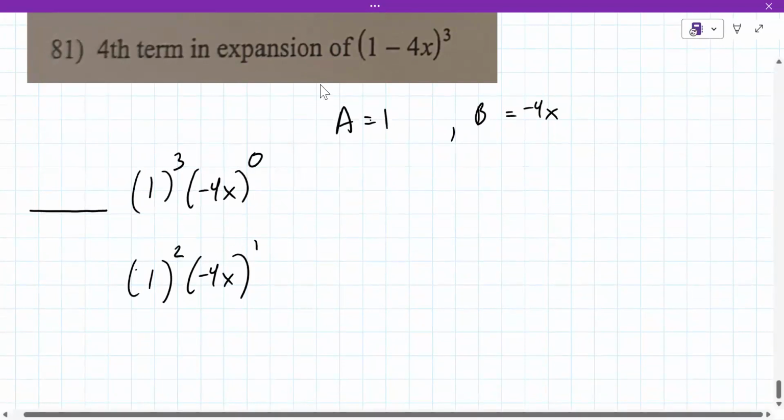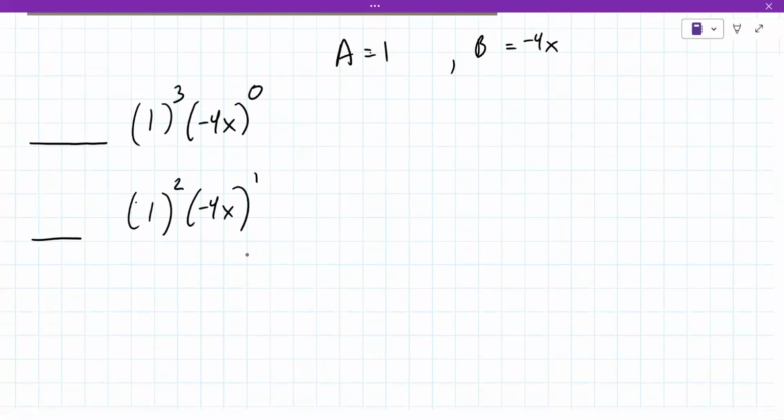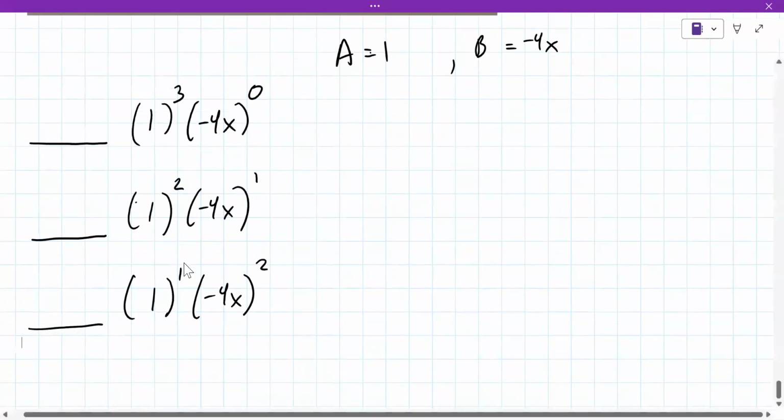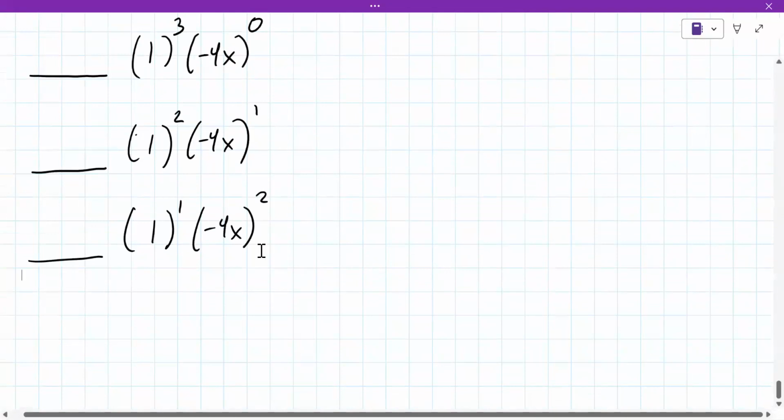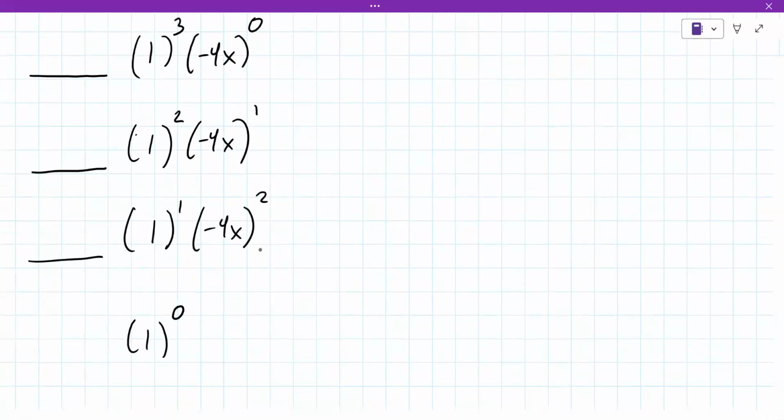And what you're noticing is that the sum of the exponents is always this 3 here. And there's also this leading number, which we'll get to. 1 to the power of 1 minus 4x to the power of 2. Again, see how the 1 and the 2 add up to 3? Right. And then you've got 1 to the 0 minus 4x to the power of 3.